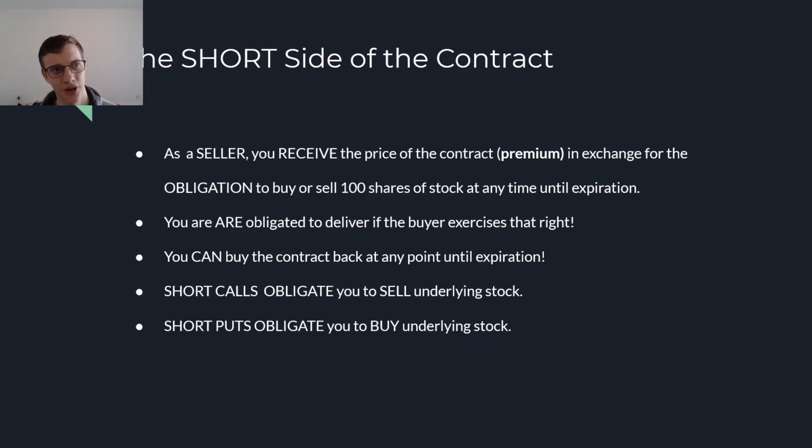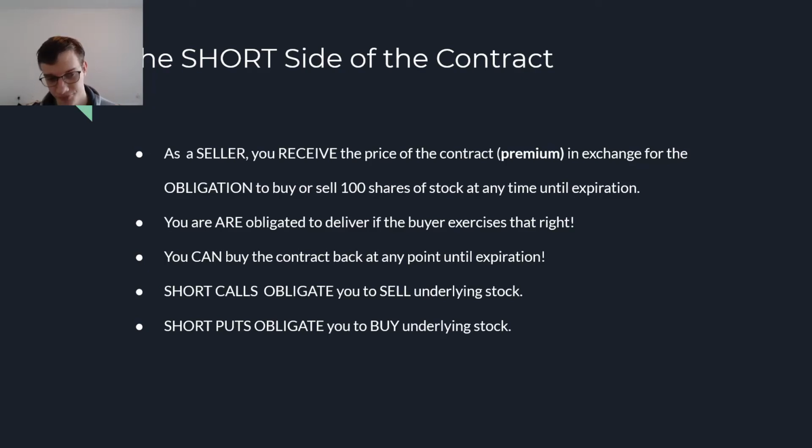The buyer, in this case, is buying the stock from you. So if you are short a call, if you sell the buyer that call, you are obligated to sell them the underlying stock. And short puts are that kind of similar inversion. A little tip for understanding the short side: try to just remember what the long side has to do, and then the short side is the inverse of that.